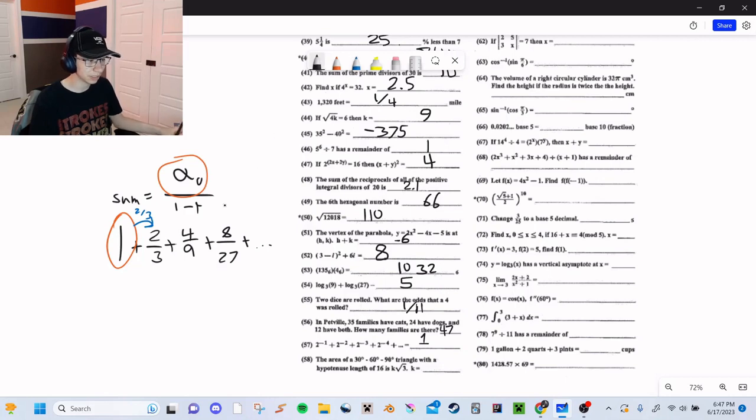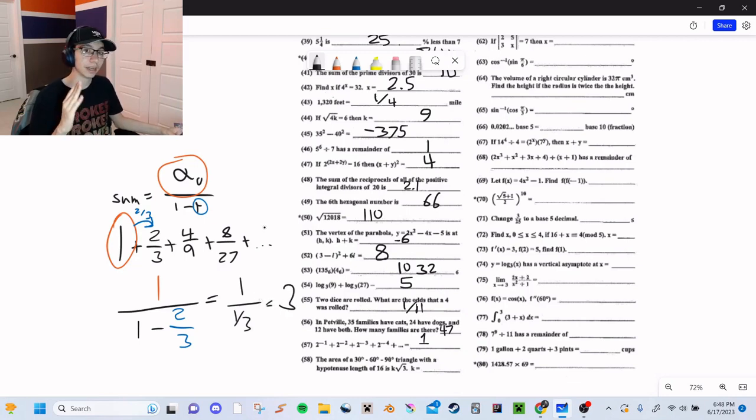So now we can solve this question. On the top we have 1, and on the bottom we have 1 minus 2/3. And so that's going to be 1 over 1/3, which is 3.